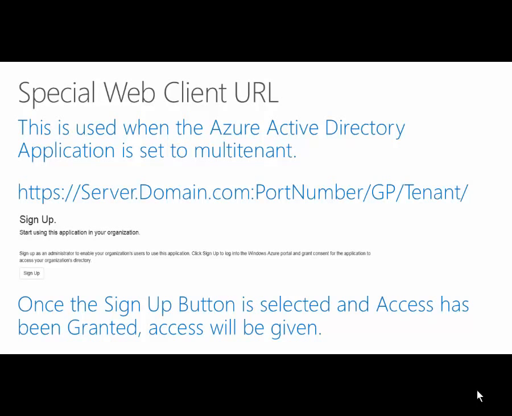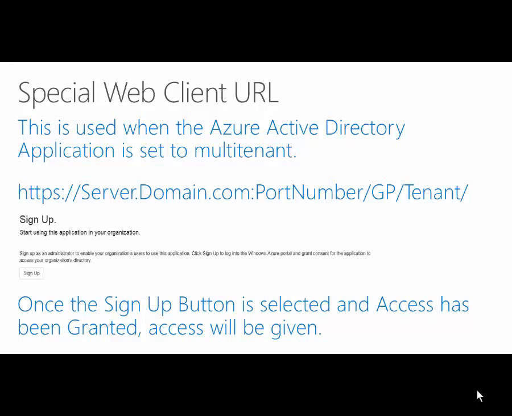So in that case, you actually path out to your normal GP web client URL, but you append a /tenant on the end. And when you do that, you're prompted with this nice little sign up page because it wants to say, hey, I notice you don't have a client with this specific client ID on it, but let's establish a level of trust. So you click sign up.